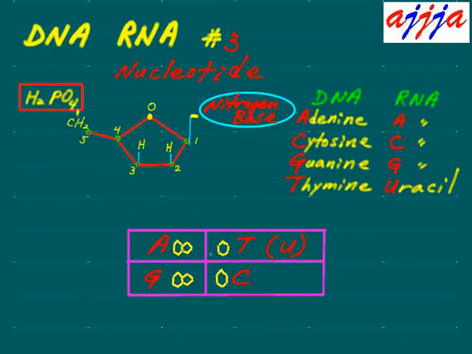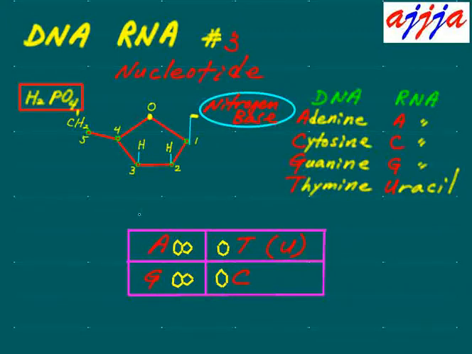The rest are all the same, but A and G, adenine and guanine, have a double ring. You notice this? I made my best drawing: a hexagon and a pentagon. This one is 2 hexagons, which is a double ring.